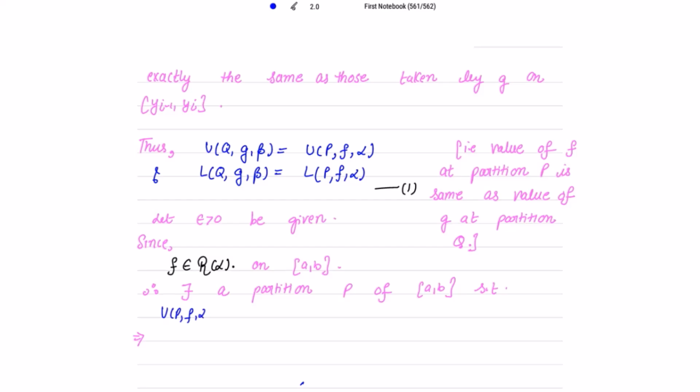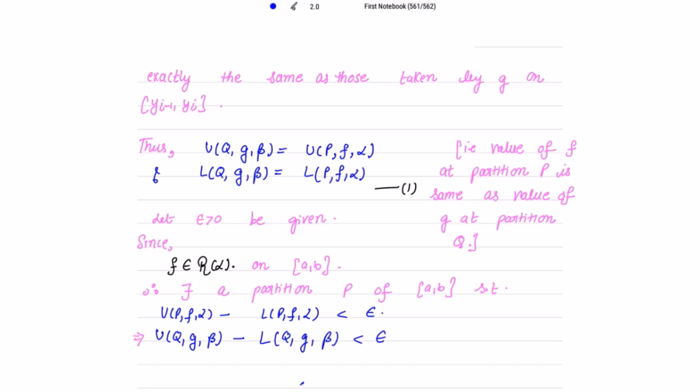U(P, f, alpha) minus L(P, f, alpha) is less than epsilon, which implies, from 1, U(Q, g, beta) minus L(Q, g, beta) is less than epsilon, because these are exactly the same, right?